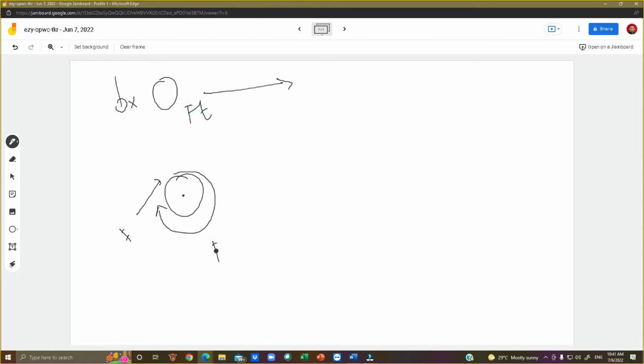FT, yang ini pun FT. Tapi F dia bukanlah F, dia ialah torque. Okay. Ataupun FDT. Itu sahaja beza. We need to include the distance or the radius. Okay.